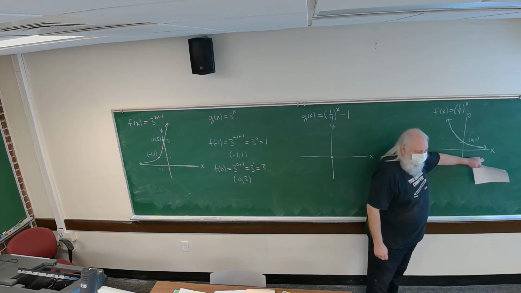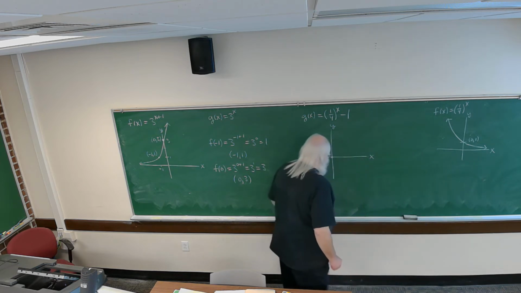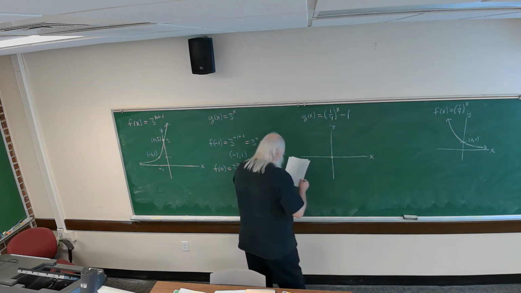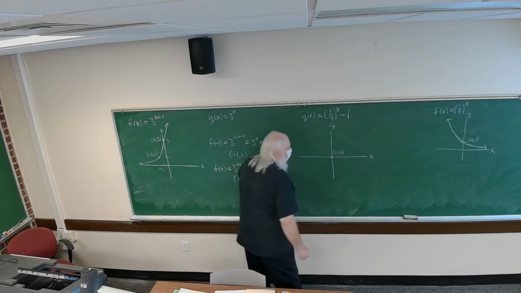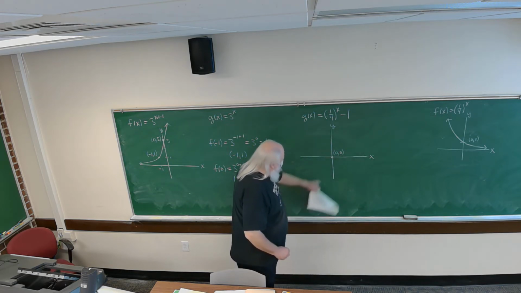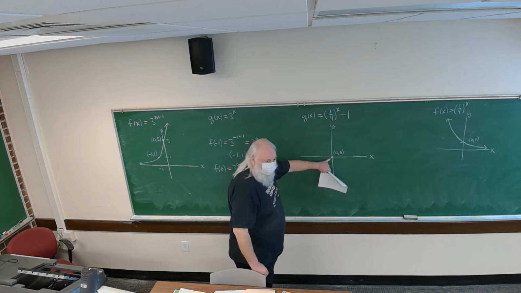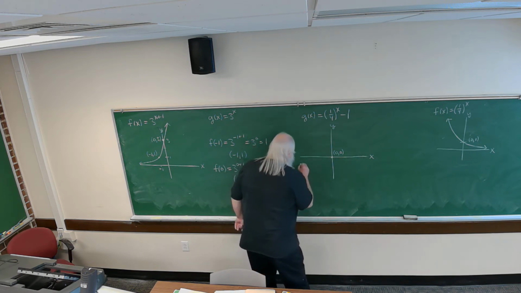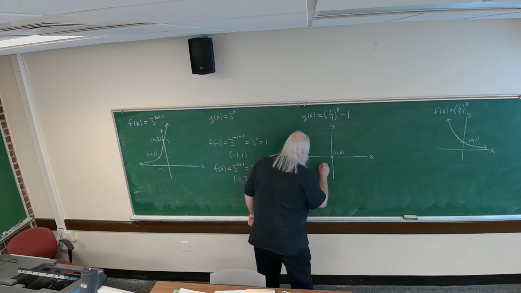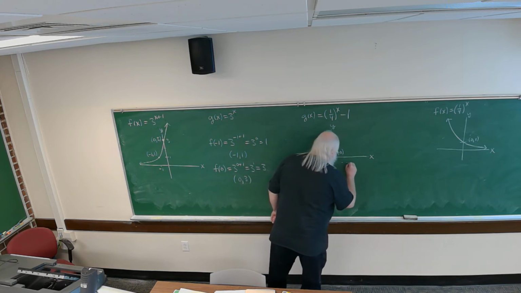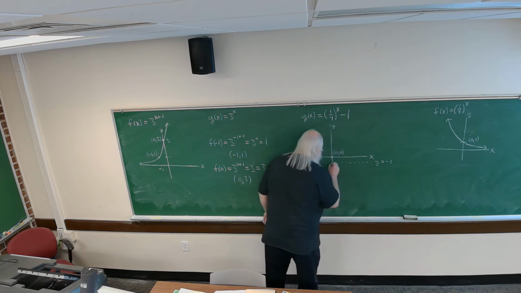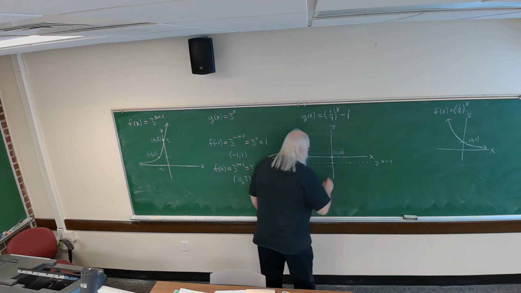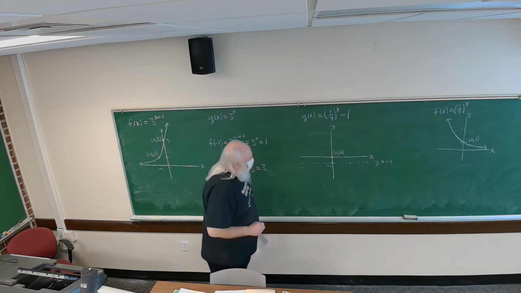It's going to cross the x-axis. The y-intercept is going to be the origin, and the horizontal asymptote is now the horizontal line y equals -1. Right?